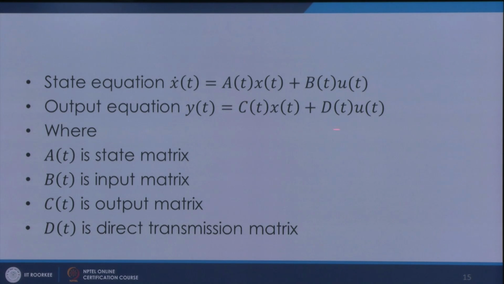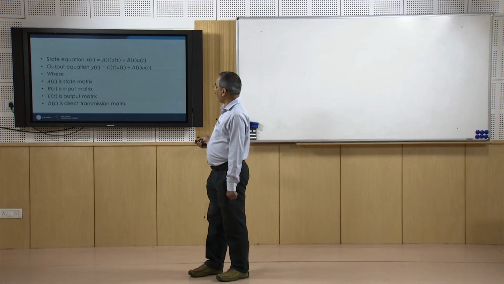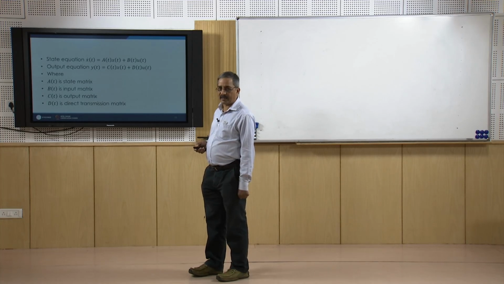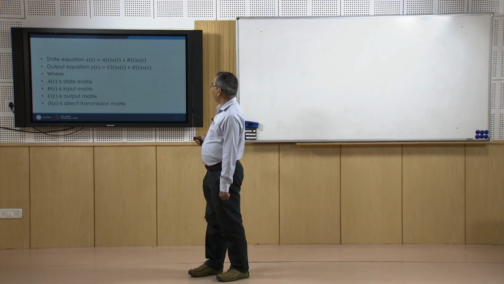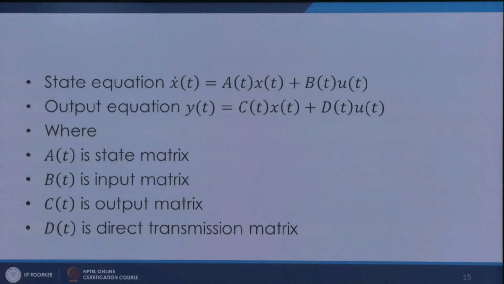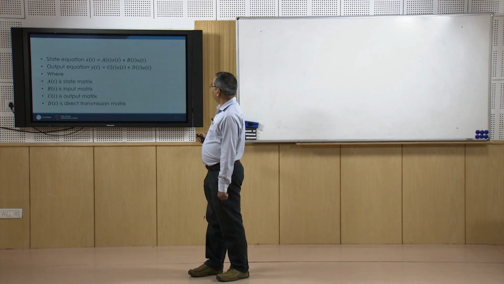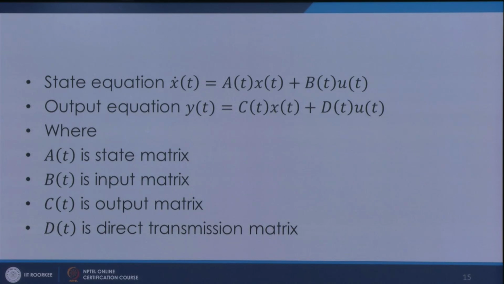Now, what are these A, B, C, D? These matrices are very important. The A matrix is multiplied by the state vector, so we call it the state matrix. The B(t) matrix is multiplied with the input vector, so we call this the input matrix.